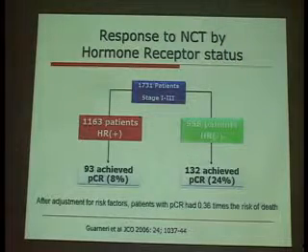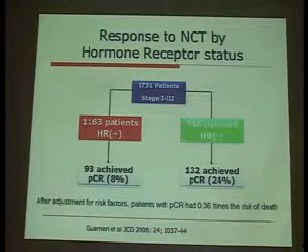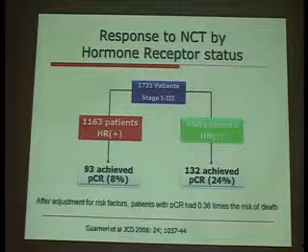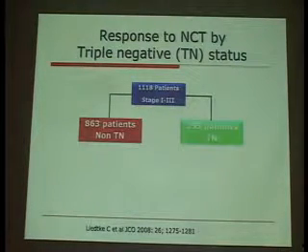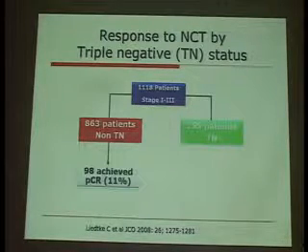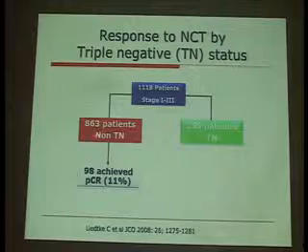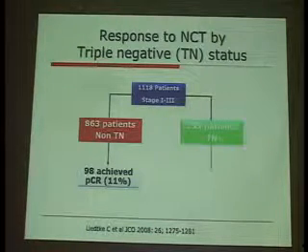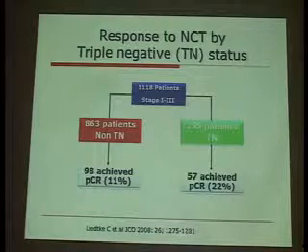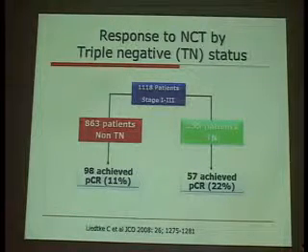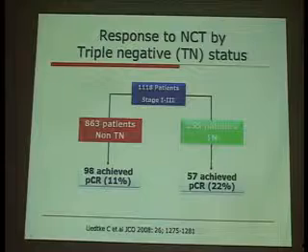However, in hormone receptor negative, 24% of the patients achieved a pCR. Another group looked at triple negative versus non-triple negative and found that in the non-triple negative, only 11% achieved pathologic complete response, whereas in the triple negative, 22% achieved the pathologic complete response.